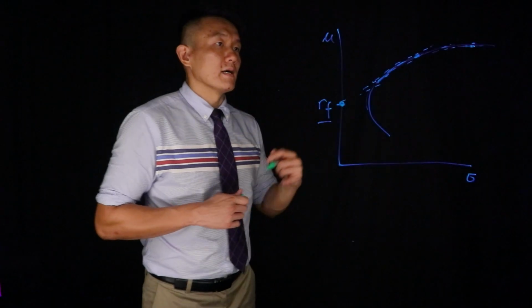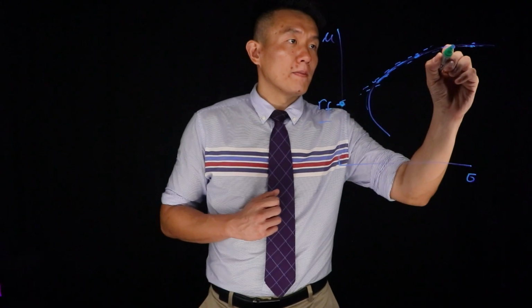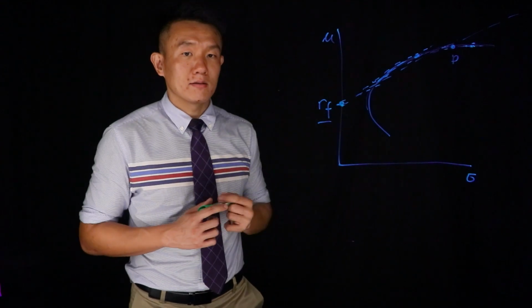So I said that if I take any portfolio, any stock portfolio, I can draw a line between RF and P that's going to represent all the different combinations of this stock with the risk-free asset.